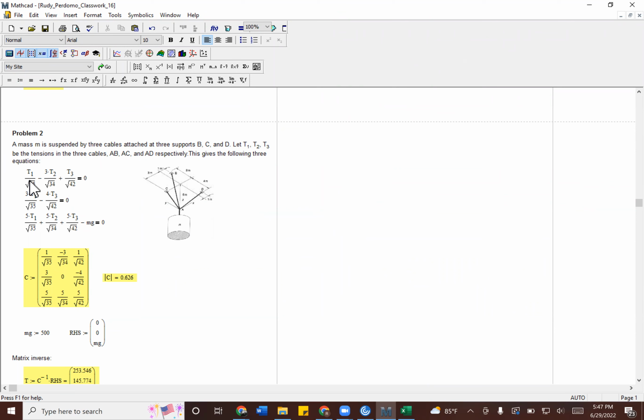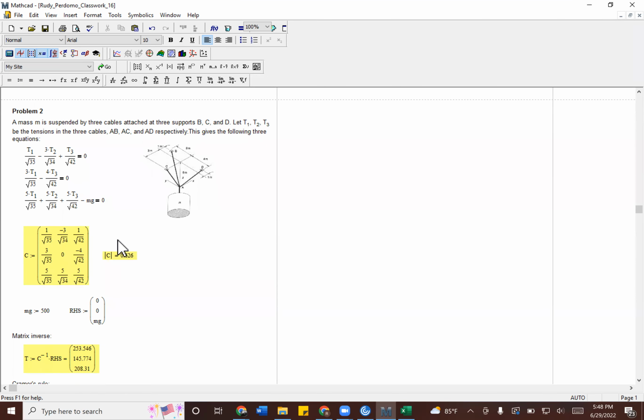And then these are coefficients: 1 over root 35, -3 over root 34, 1 over root 42. And then here we don't have a T2, so we put a 0 here, and then just do all the other ones. Okay. So MG here is just a constant.